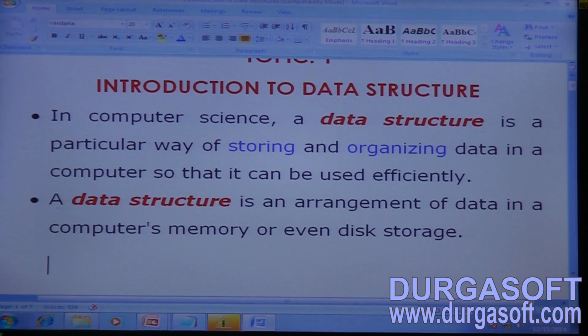Next point. A data structure is an arrangement of data in a computer's memory, or even disk storage.